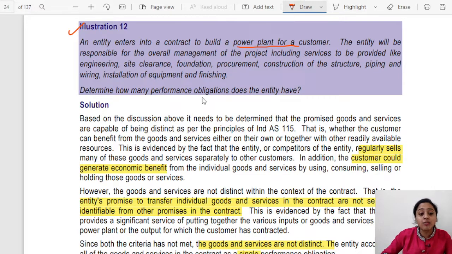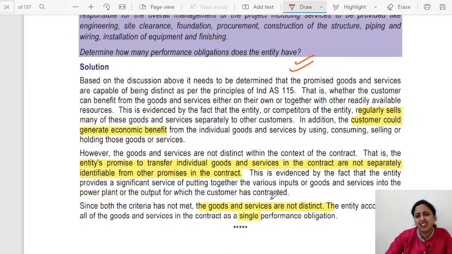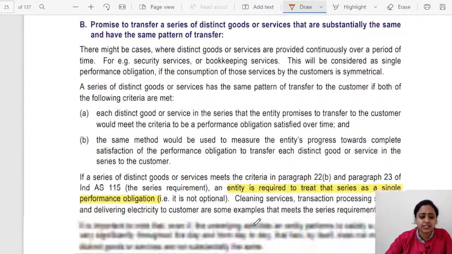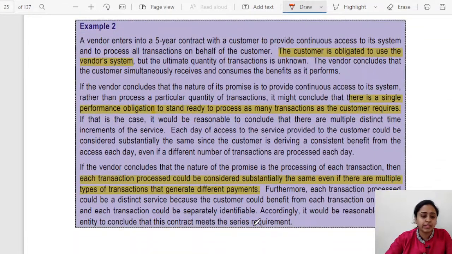Determine how many performance obligations the entity has. You will be answering this question in the comment section. I am not discussing the answer because I don't know the answer. You will be telling me the answer.